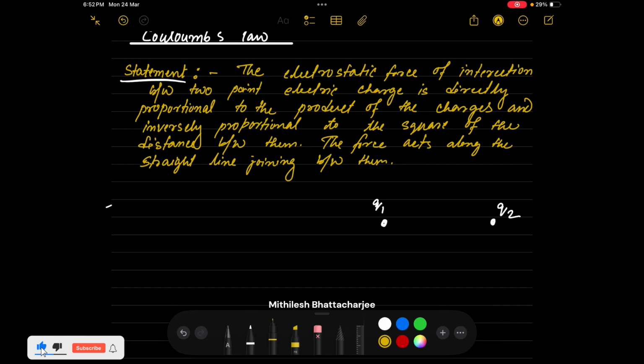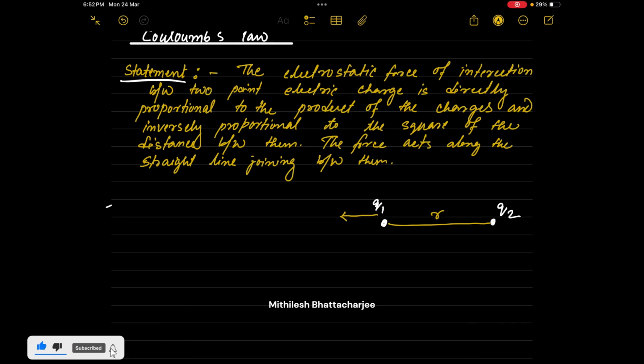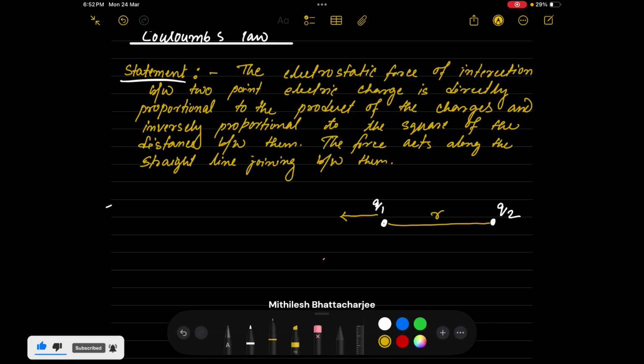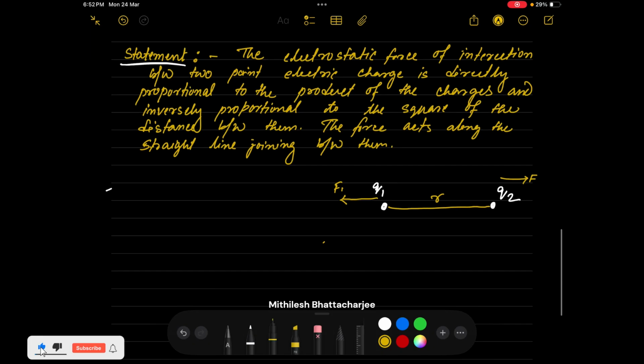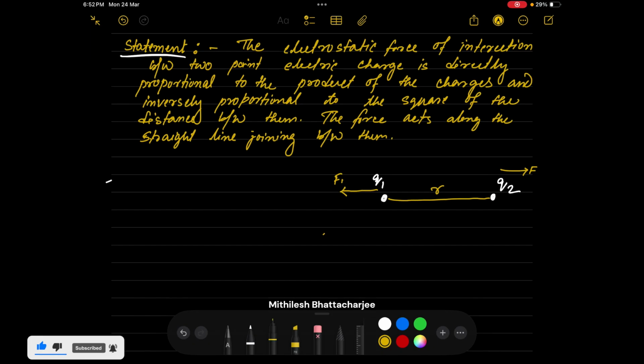These two are placed at a distance of R. So the force on Q1 is F and the force on Q2 is F. Then as per Coulomb's law, the force will be proportional to Q1 into Q2.